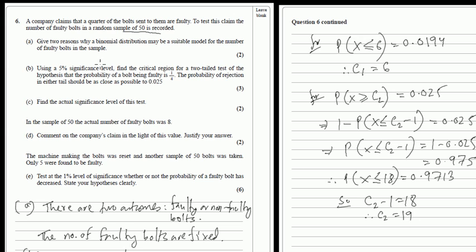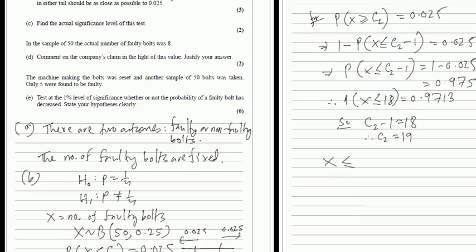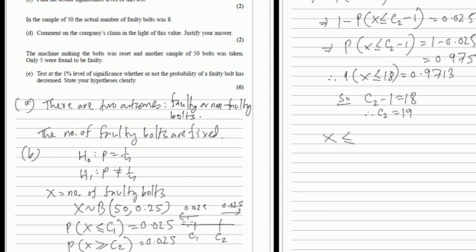The question was about the critical region, so we have to write it as a region. So x is less than or equals to C1, which is 6, or x is greater than or equals to C2, which is 19.